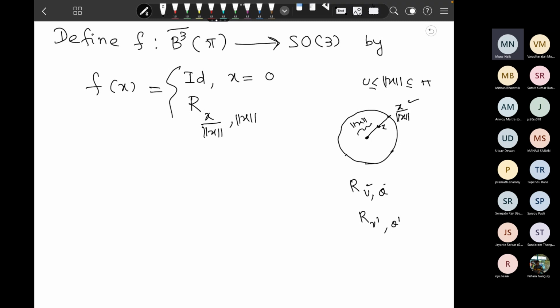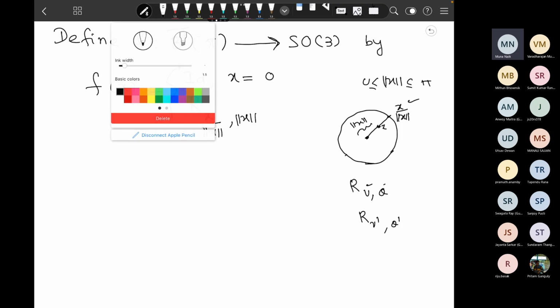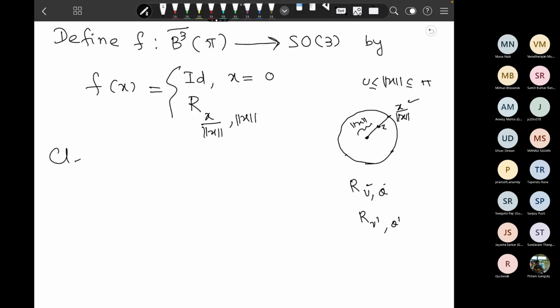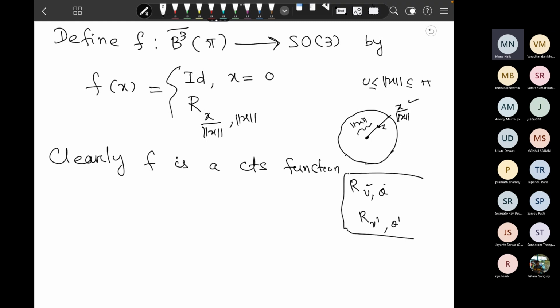I am not going to prove that; just use your imagination a little bit. So clearly f is a continuous function. Claim: f is onto.